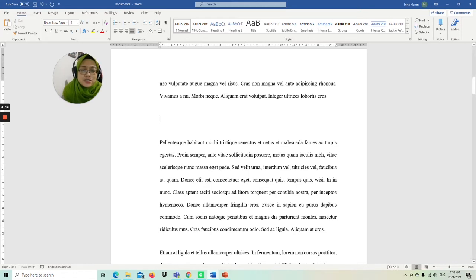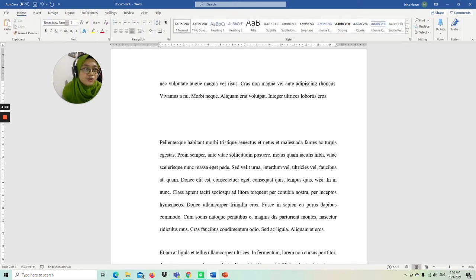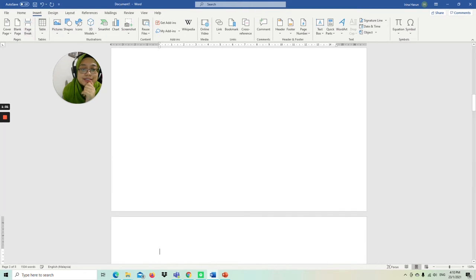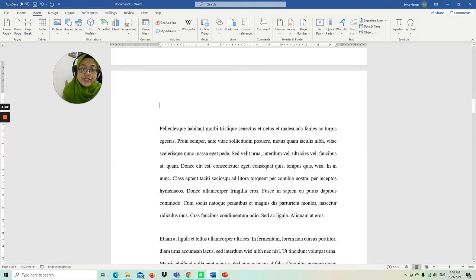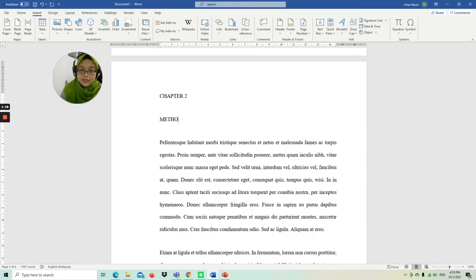The easiest way to do this is to go to Insert, Page Break, and it will directly bring you to the next page. You don't have to press Enter all the way. And you will type chapter 2, Literature Review.